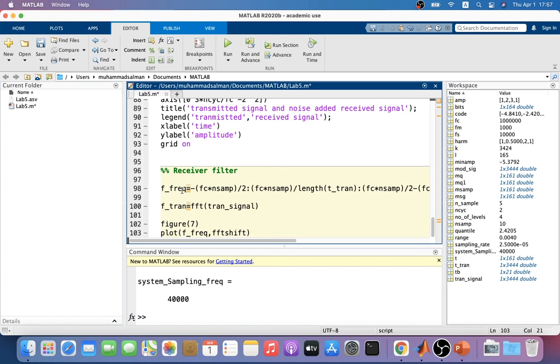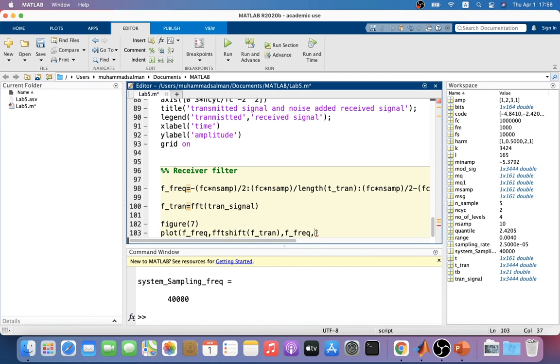So I will just simply use the FFT shift built-in function, and I will then say that it is f underscore trans. And then I should do again the same thing with the f underscore frec, comma, FFT shift with the modulated signal, which is our transmitted signal.